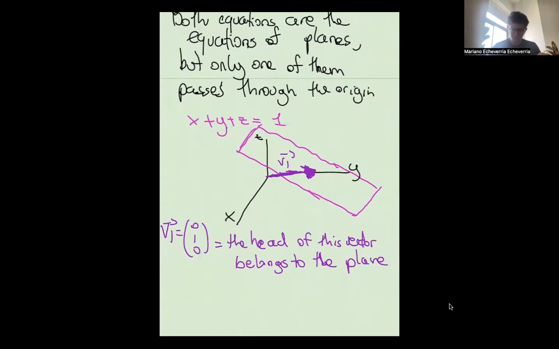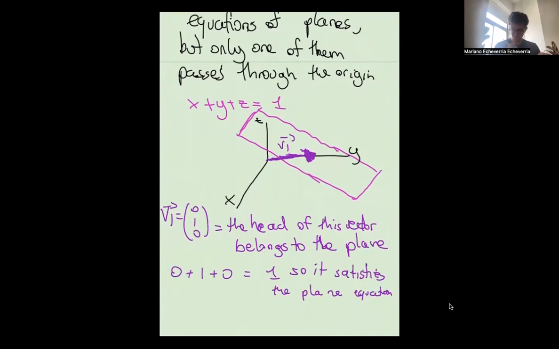Is that making sense? So 0 plus 1 plus 0 is 1, so it satisfies. Is that okay?